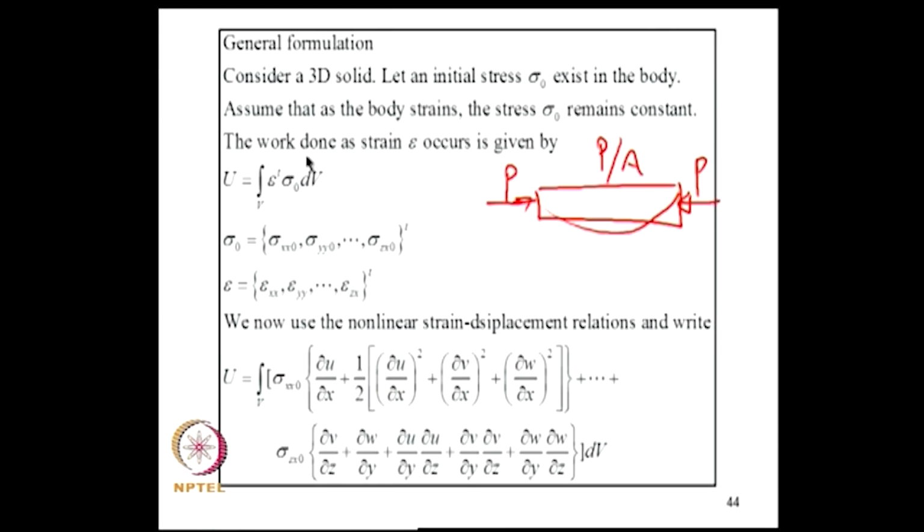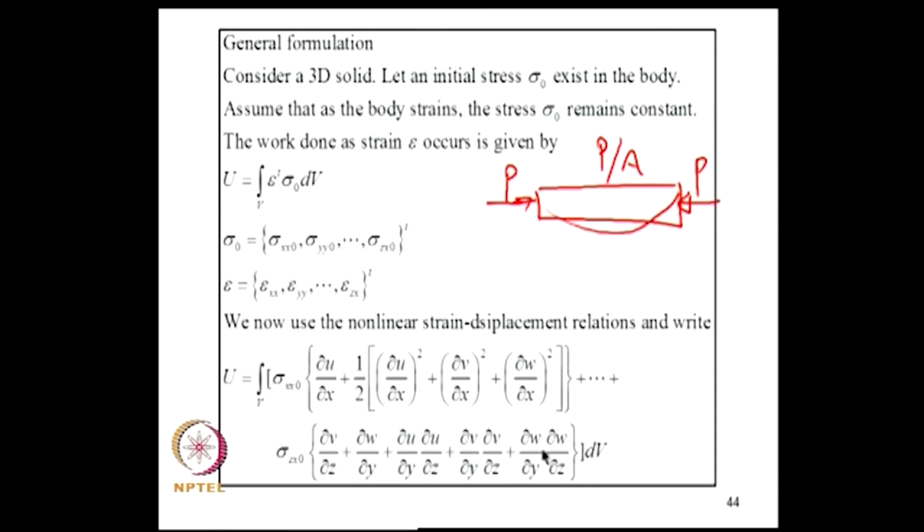So, the work done is given by this. There are 6 initial stress components, 3 normal stresses and 3 shear stresses, and 6 strain components. Now we compute the work done, epsilon transpose into sigma naught, by including the nonlinear strain displacement relations.